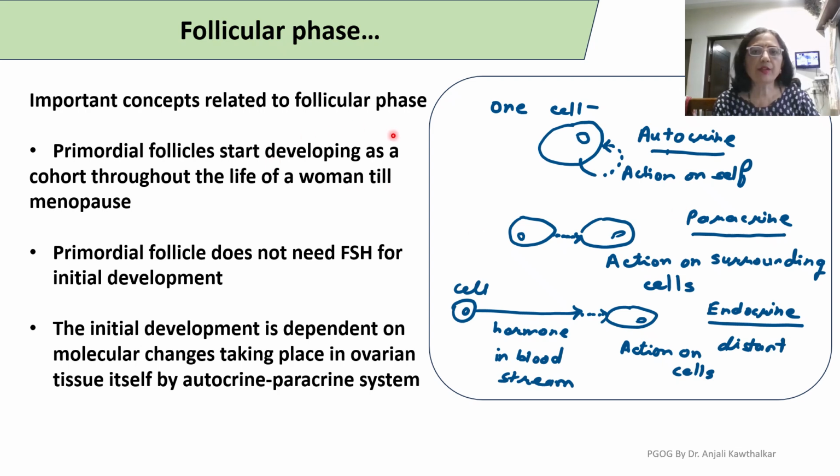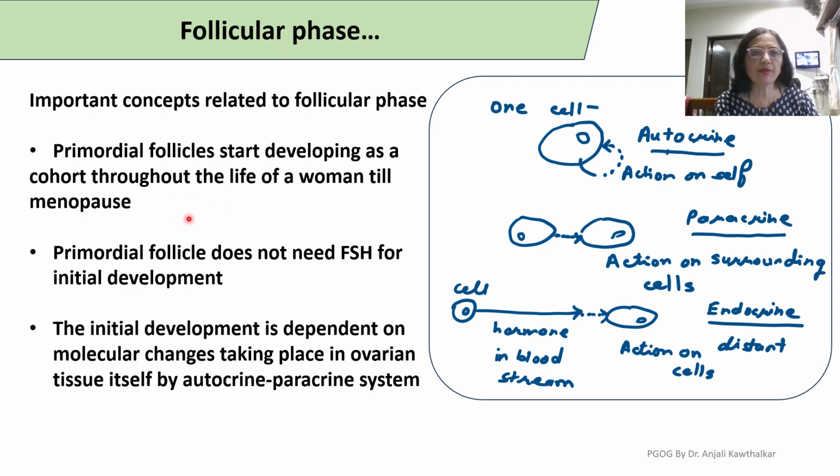Important concepts related to the follicular phase: primordial follicles start developing as a cohort throughout the life of a woman till menopause. It's not only throughout life; even in intrauterine life, from 20 weeks of pregnancy till the newborn baby's delivery, there is a continuous development of primordial follicles associated with atresia, and that is why the number keeps on decreasing right from intrauterine life.